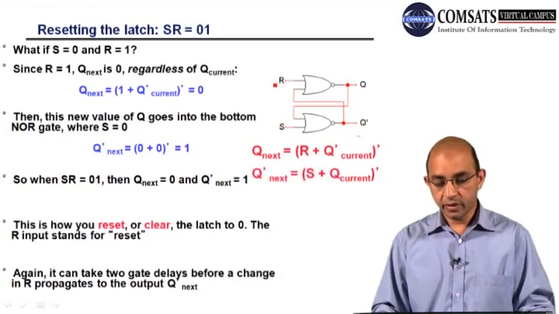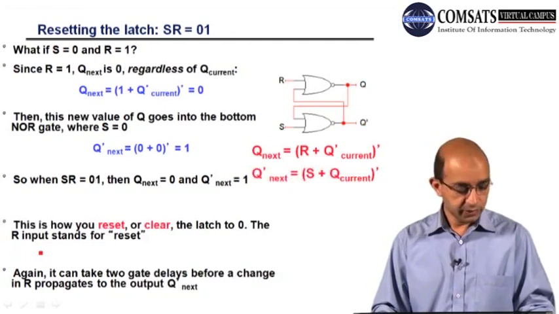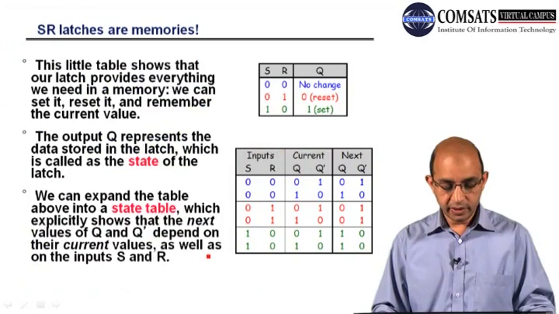Whenever we have a 0 here, so 1 here and 0 here, it means we want to reset the latch, so we will be having a 0 here, and as a result of this 0 it must be 1 here, because this is the complement. So you can see the reset or clear. Here we have the function table, or you can say this is the characteristic table.